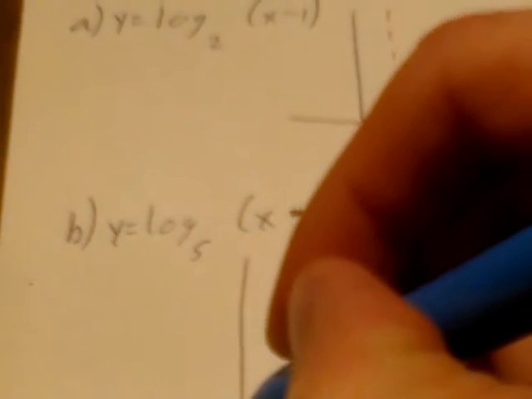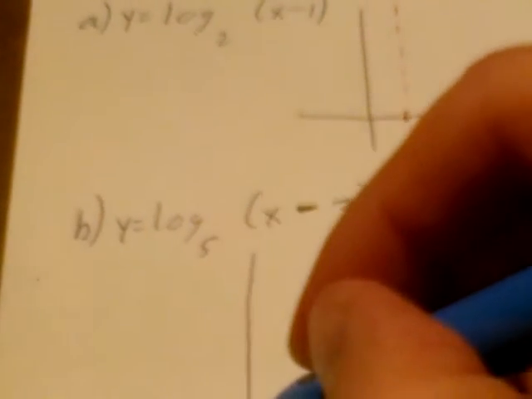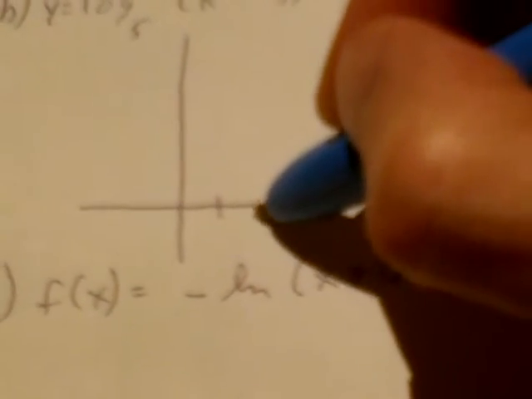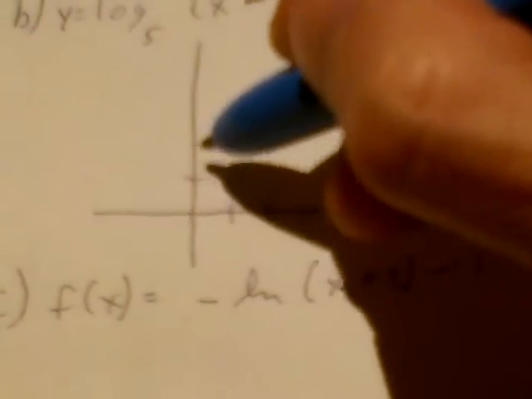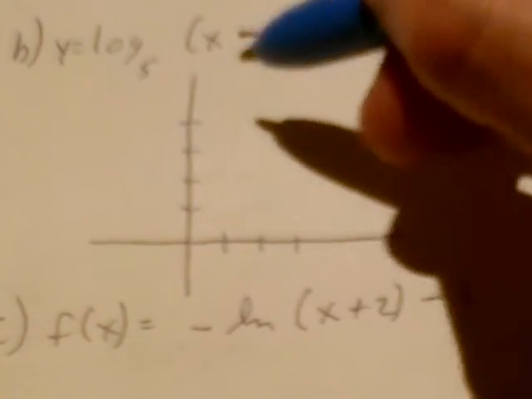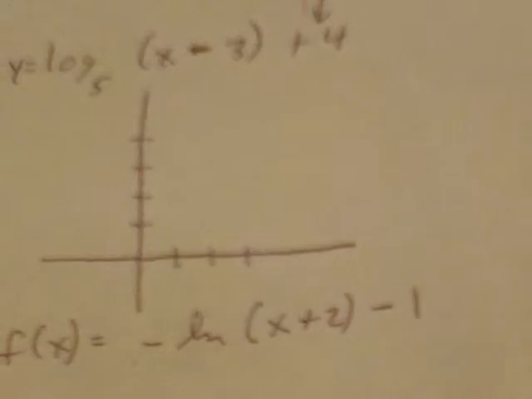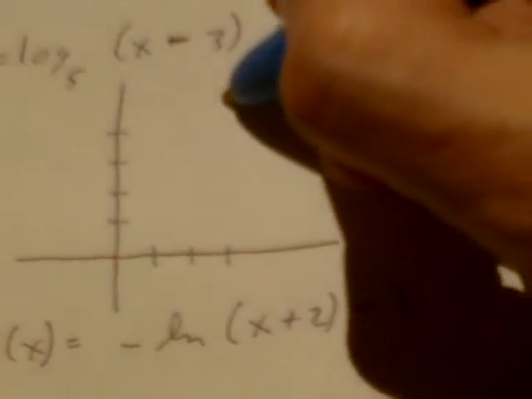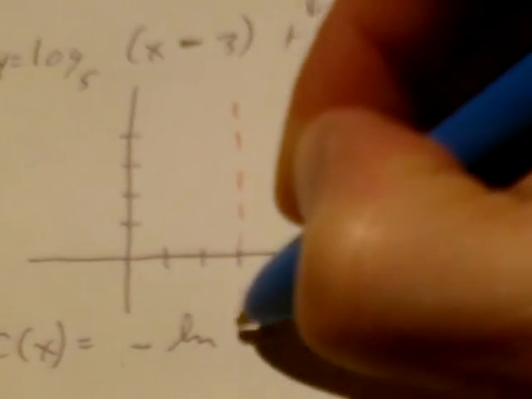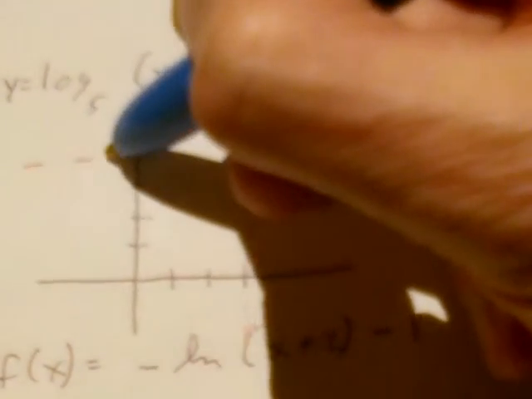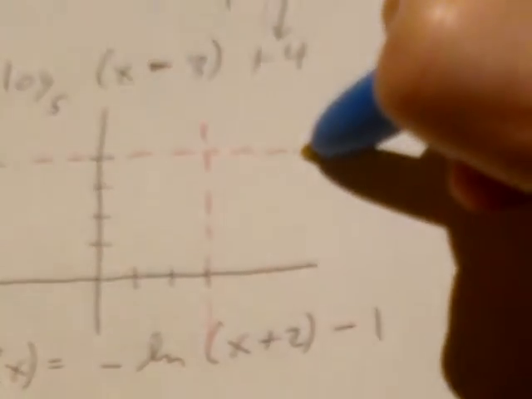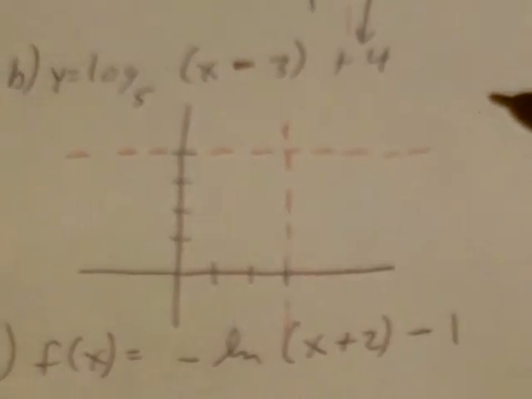So I first draw in my regular xy coordinate plane. And then I put on here 1, 2, 3 to the right, 1, 2, 3, 4 up. And I draw in my new axes. So here's my new y-axis right here, and my new x-axis. I think the red is showing up okay on the camera.